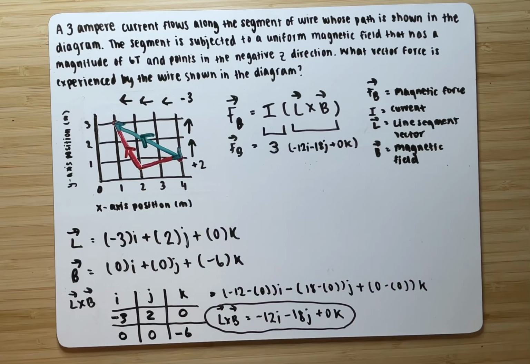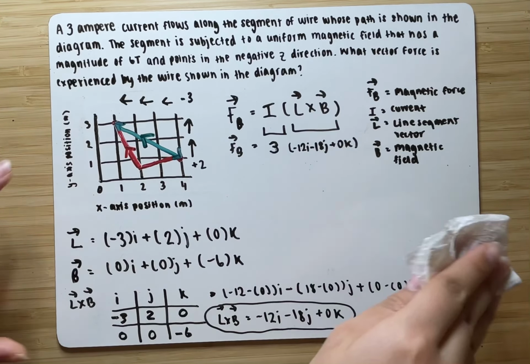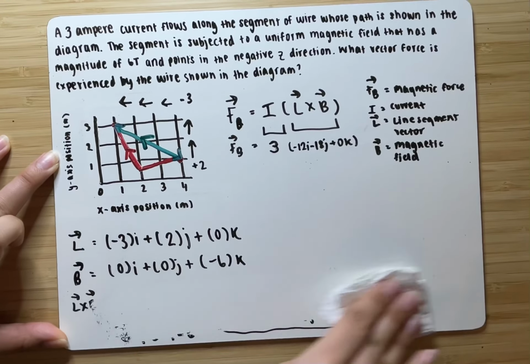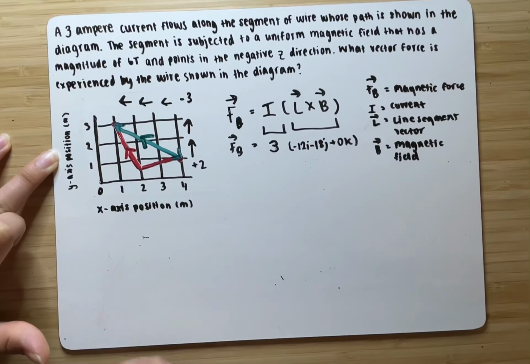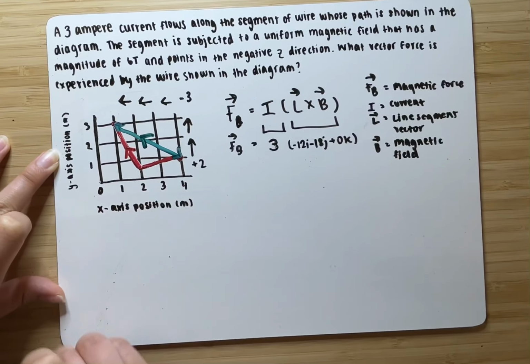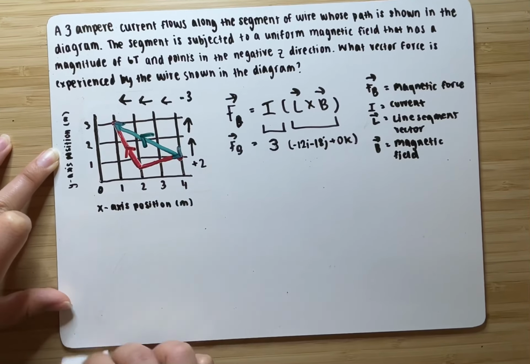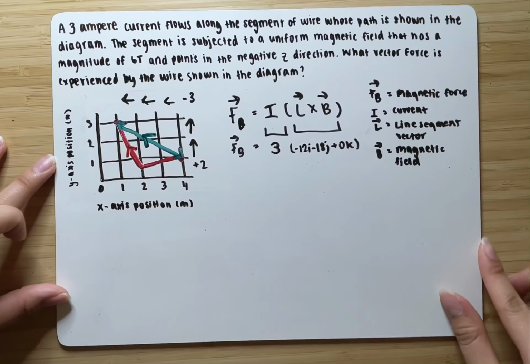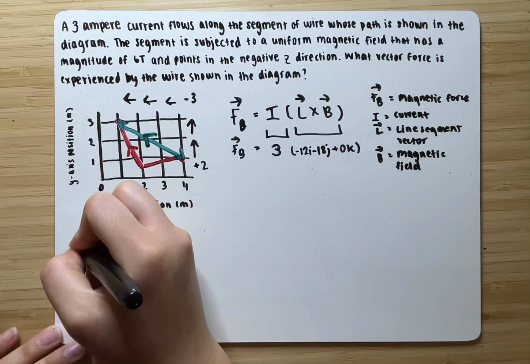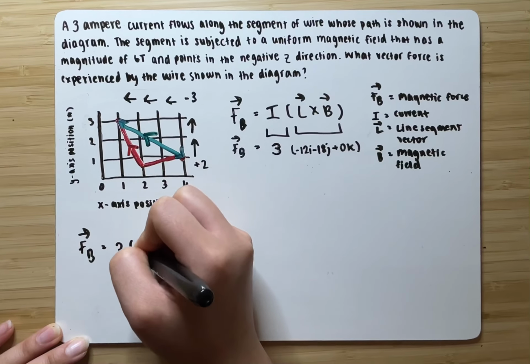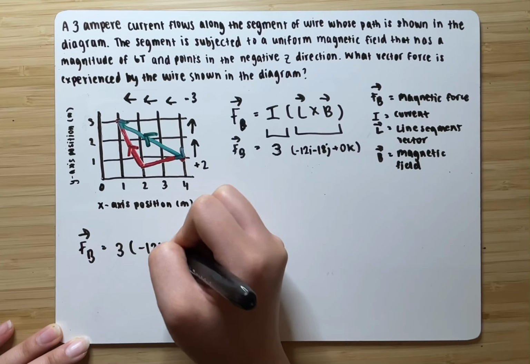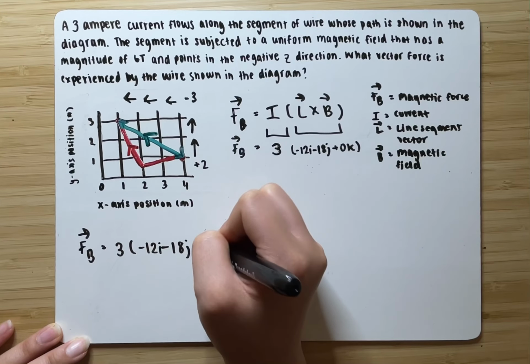Next thing I'm going to do is erase this part to give us more space for our calculation. So we write the magnetic force is equal to 3 times -12i minus 18j plus 0k.